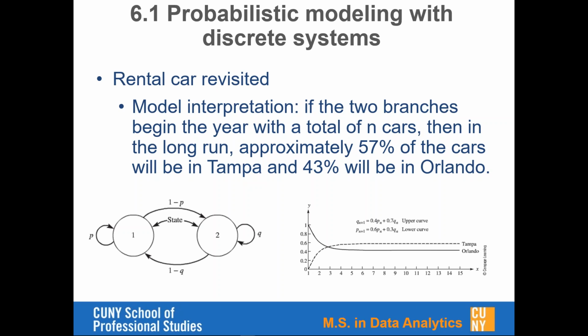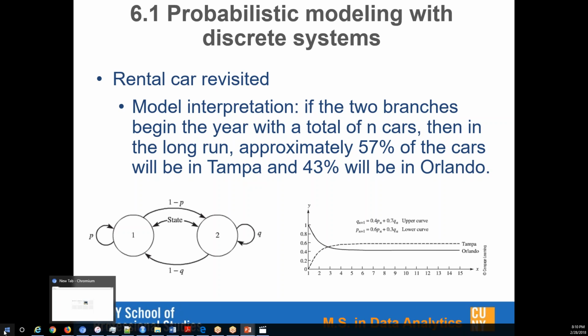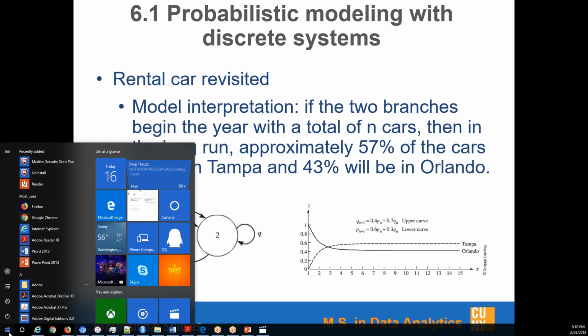And then there is another possibility, going from location 2 to location 1, with probability 1 minus q, and there's a probability q of staying in the same location, meaning he would return that car to location 2 after he got that rental as well.